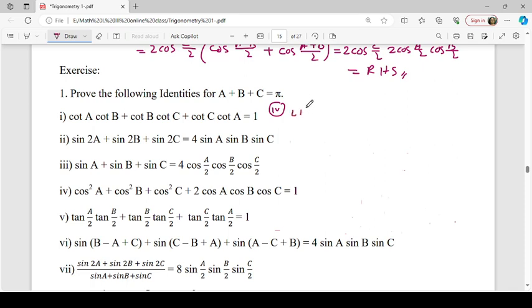So half of the left hand side is half of 2 cos square a plus 2 cos square b, and cos square c we keep as it is.